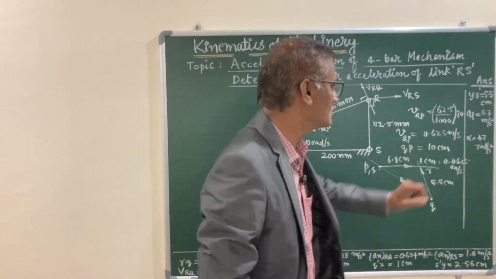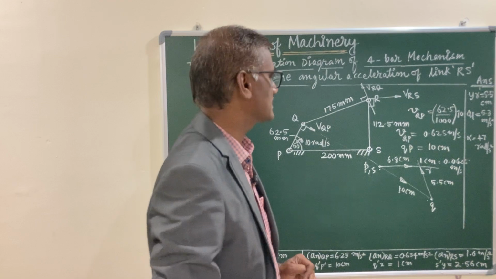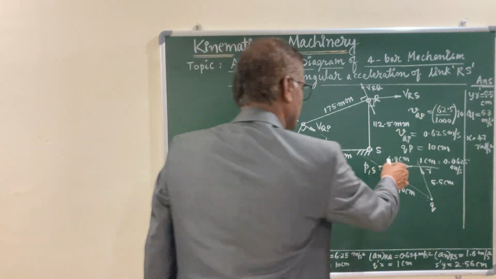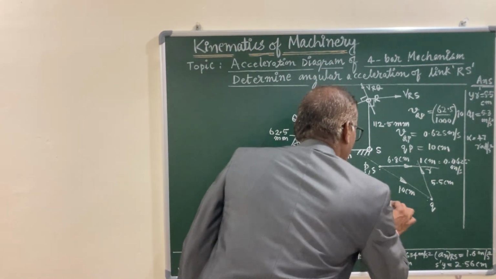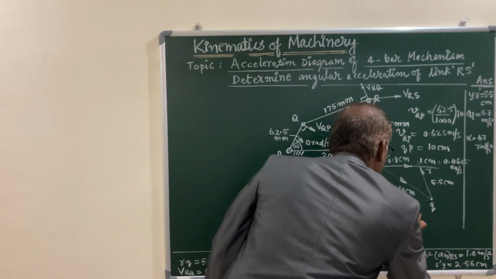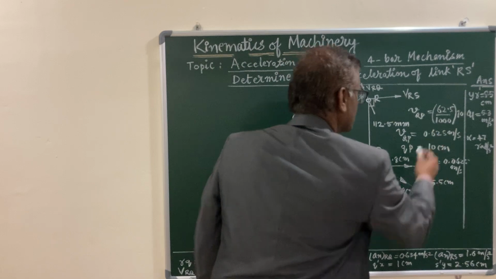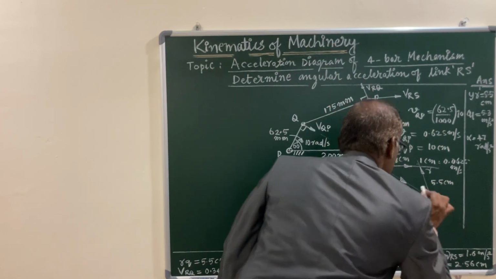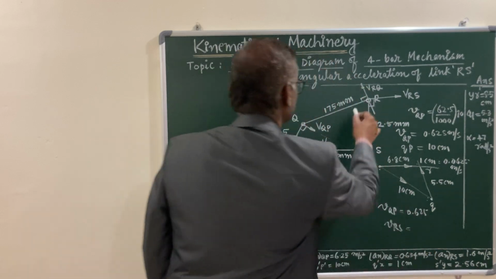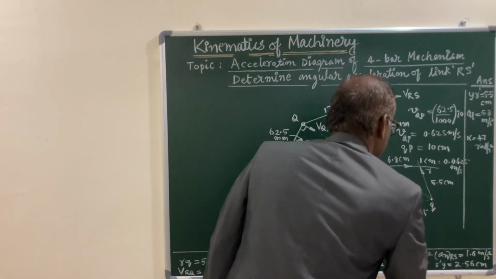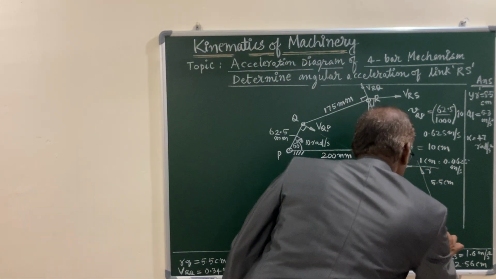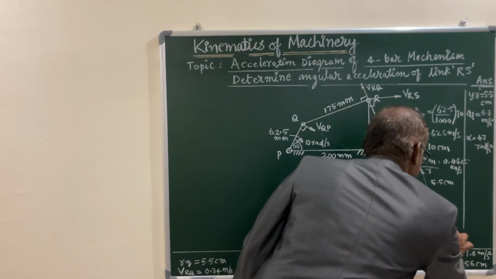The velocity of RQ is 5.5 into 0.0625, giving 0.34 meters per second.